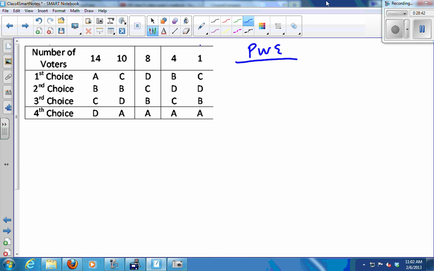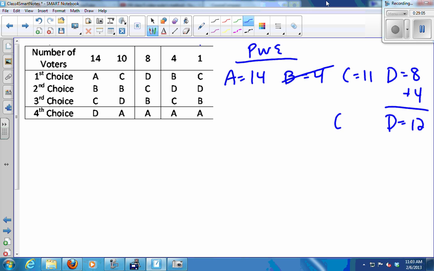But if we forget, we could just do it again. It's pretty quick. A is 14, B has 4, C has 11, D has 8. It was going to take 19 for a majority. Nobody has it, so we eliminate B.